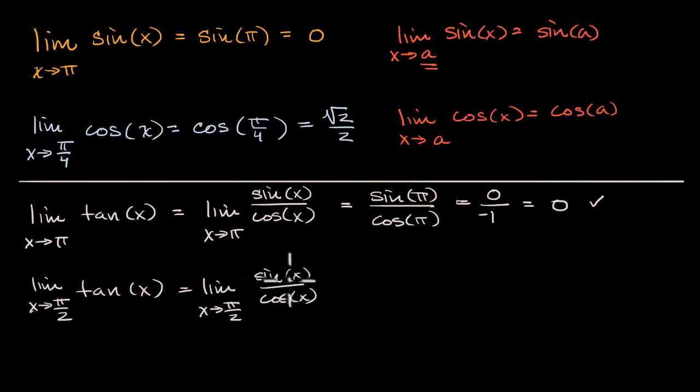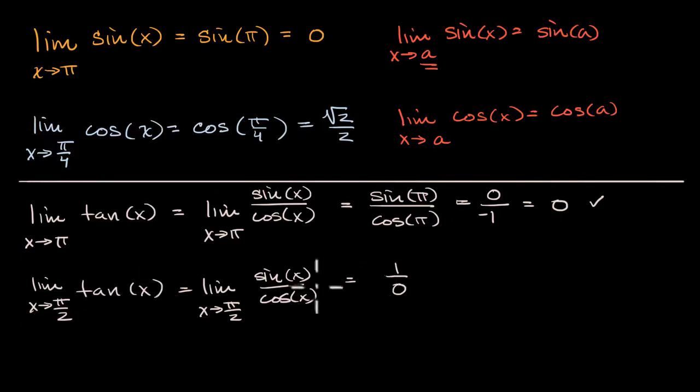Sine of pi over 2 is 1, but cosine of pi over 2 is 0. So if you just substitute it in, this gives you 1 over 0. One way to think about it is that pi over 2 is not in the domain of tangent of x. And so this limit turns out not to exist.